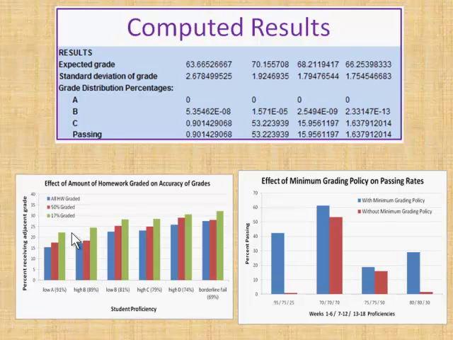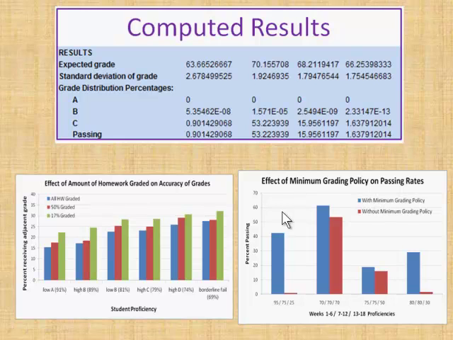And here was the percentage of crossover grades, which was a reflection of inaccuracy of the grading scheme. You notice that grading half of the homework had a minimal effect on the accuracy of the grade assigned. So the teacher could save that much work without sacrificing grade accuracy.